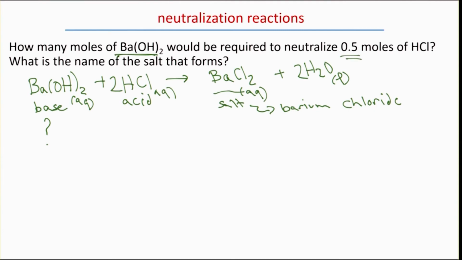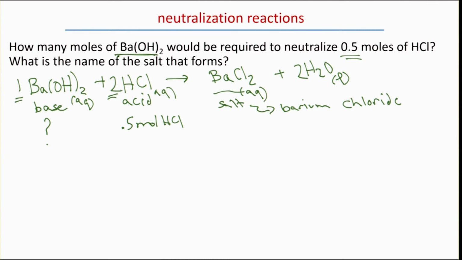And then let's do the other answer. We are starting with 0.5 moles of the HCl. And how do you go from moles of one reactant to moles of the other reactant? You need to know the balanced equation and the mole-to-mole ratio. There will need to be 2 moles of HCl for every 1 mole of barium hydroxide.